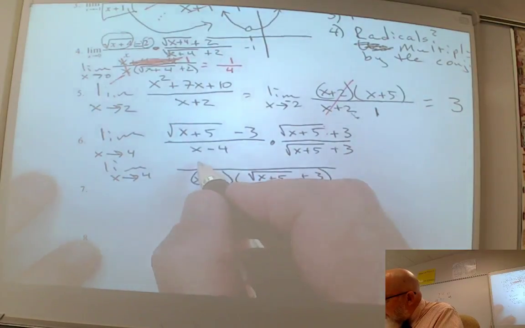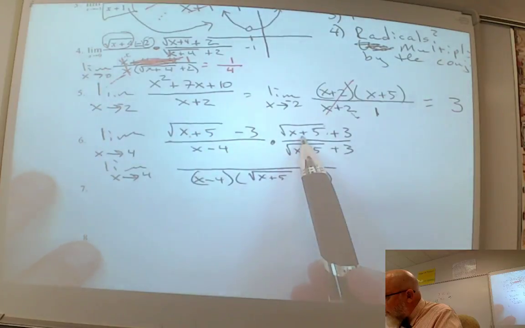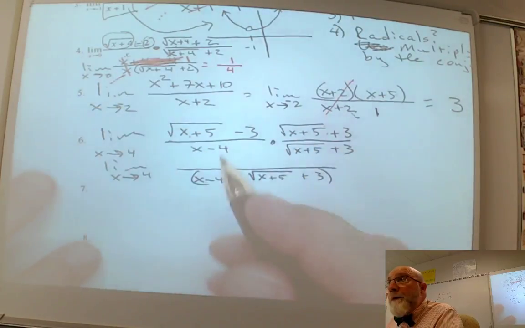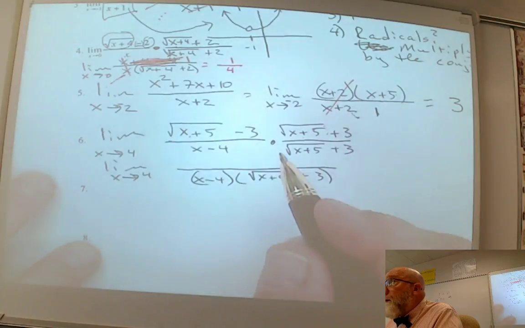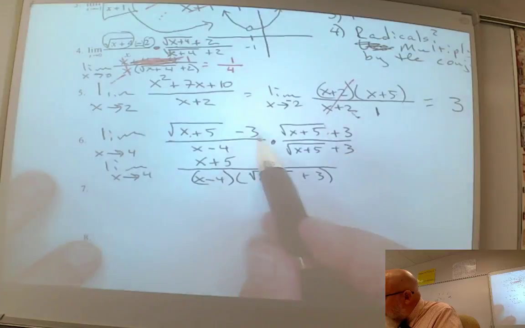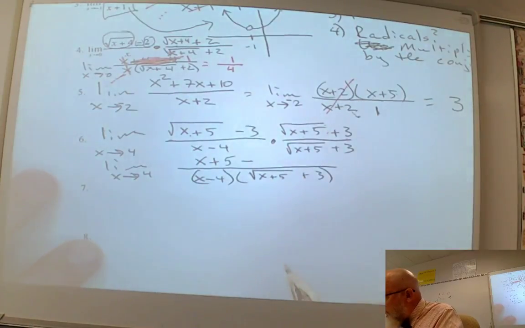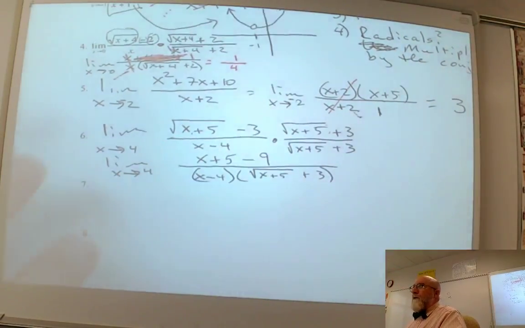Up here I'm going to take the square root of x plus 5 times the square root of x plus 5 and get what? x plus 5. I just get that radicand. Minus 3 plus 3. When I multiply that, I get minus what? 9. Most common answer, minus 6. Do you see that?